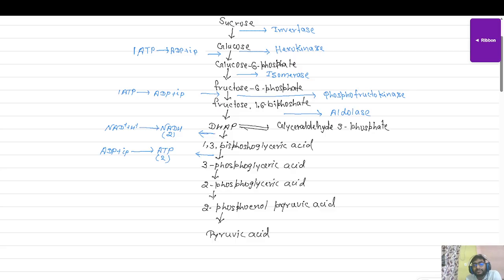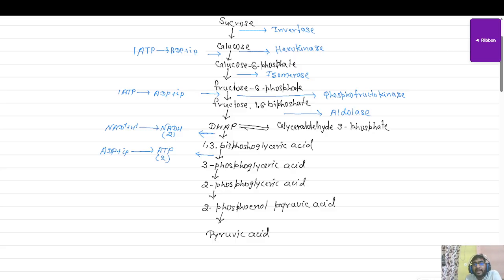And usually that step is considered the step where no ATP is getting synthesized. Generally, 3-phosphoglyceric acid is converted to 2-phosphoglyceric acid, so only the positional isomerism is occurring here. Now, from 2-phosphoglyceric acid, 2-phosphoenol pyruvic acid is forming.